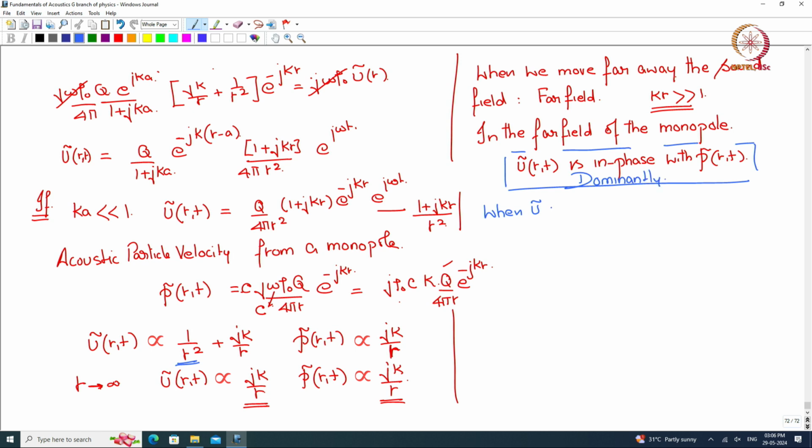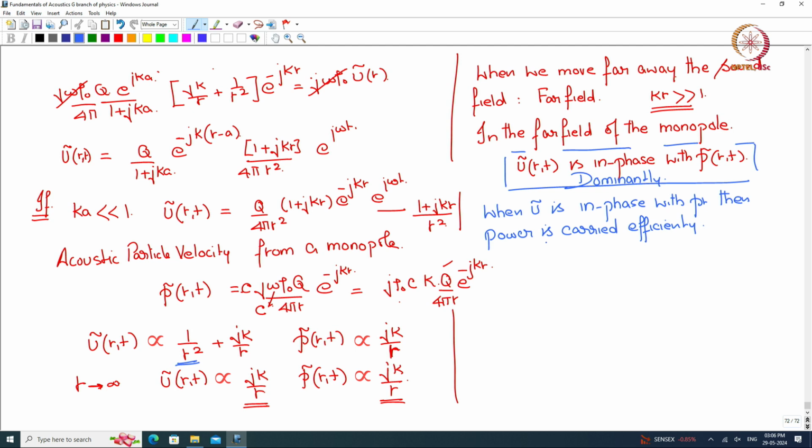When u is in phase with pressure, then power is carried efficiently.